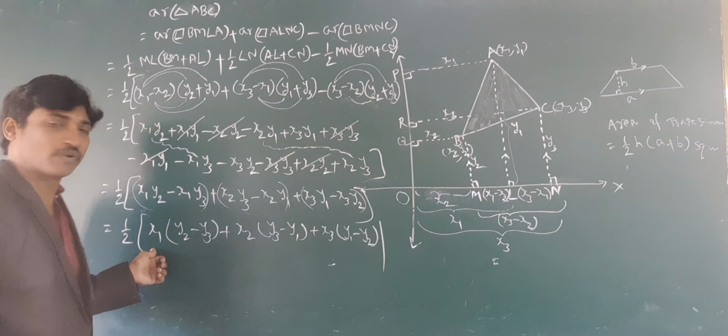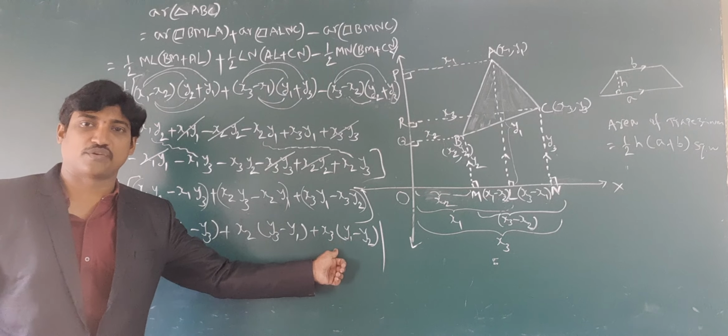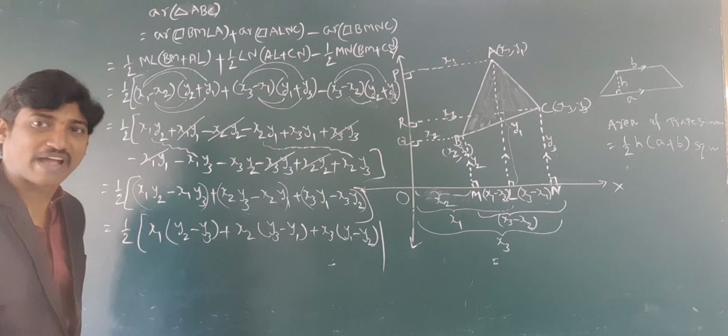Half into x1 into (y2 minus y3), plus x2 into (y3 minus y1), plus x3 into (y1 minus y2).